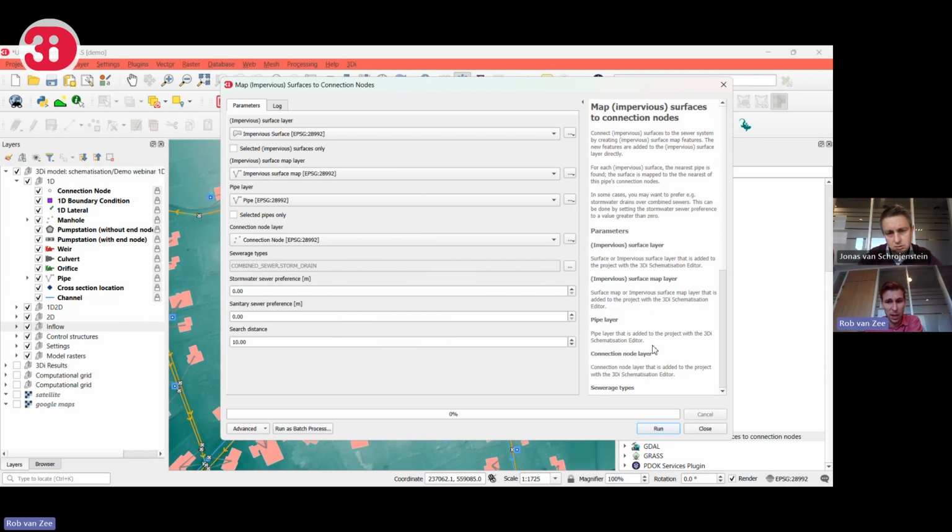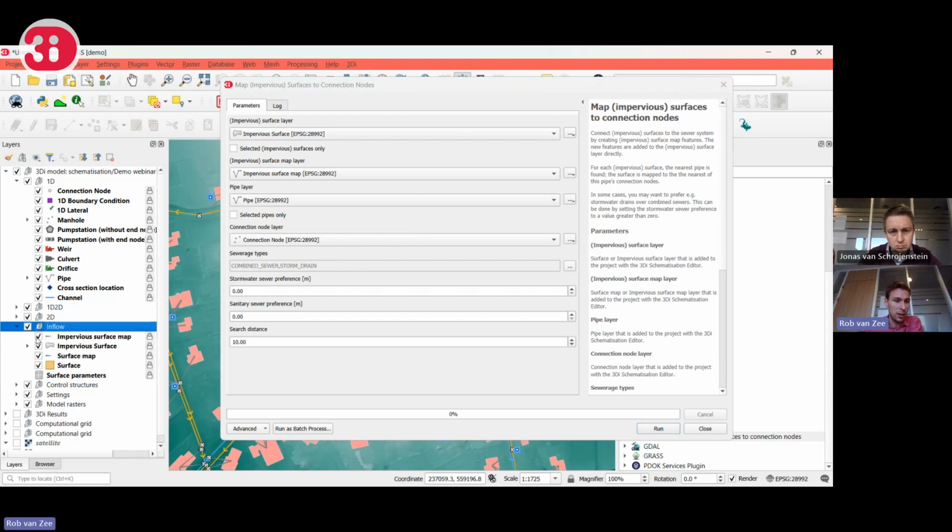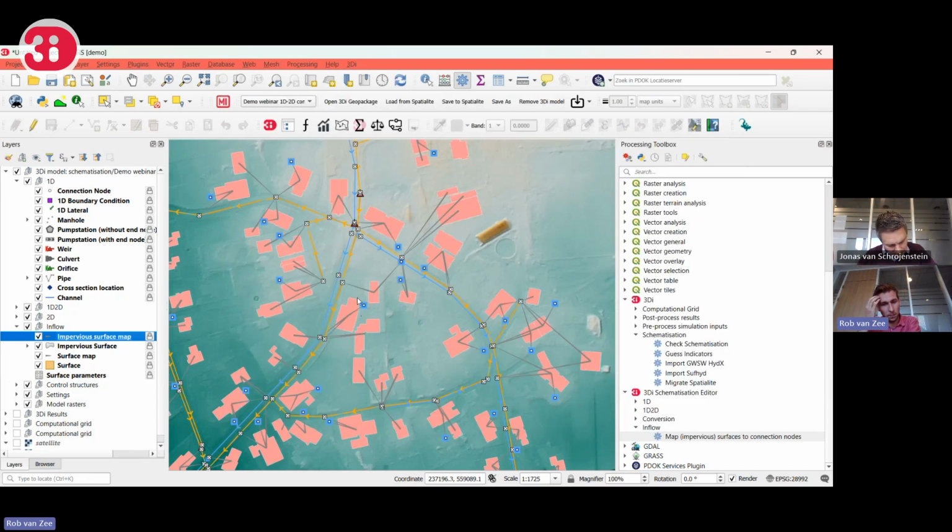And when you click on run, it will connect all those things automatically. It will add it to the impervious surface map, and then you've coupled your buildings. It will add it to the existing connections you already have. So you have to be aware that you're not doing any double coupling, I guess. Yeah, that's true. Okay, so that's of course up to the modeler to keep in check.